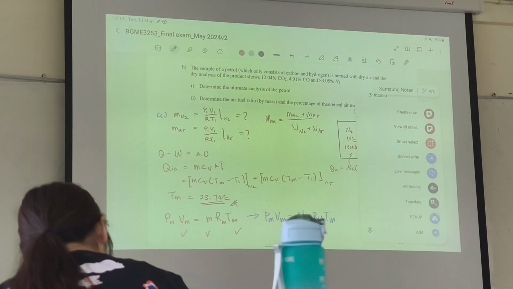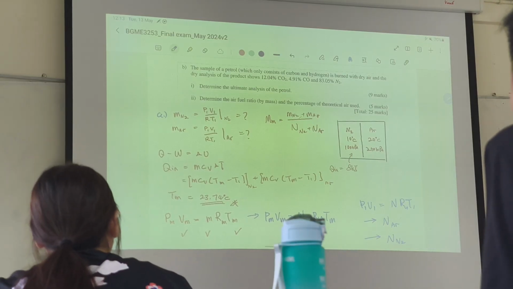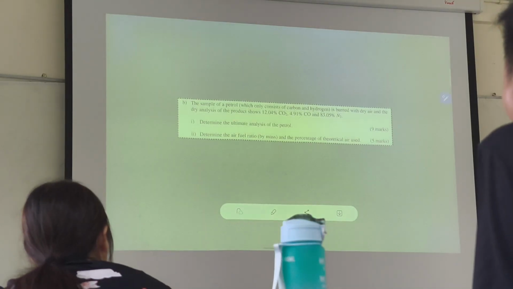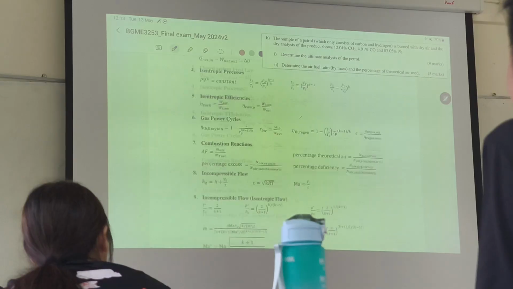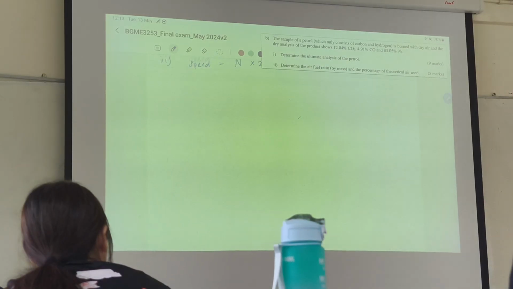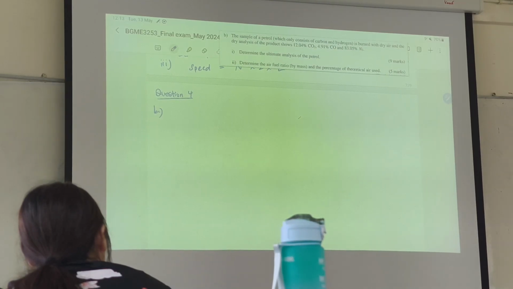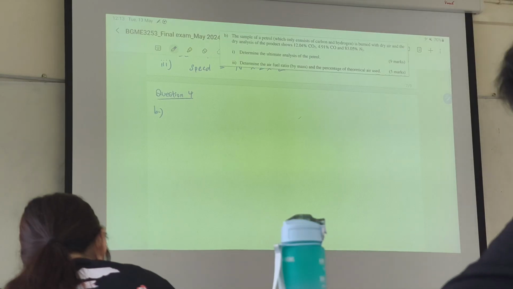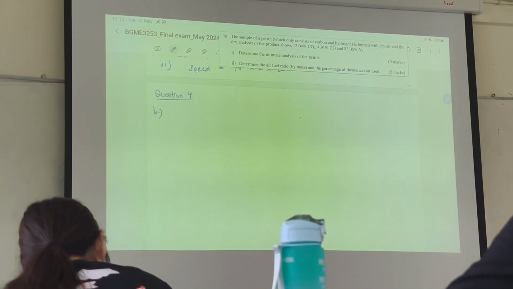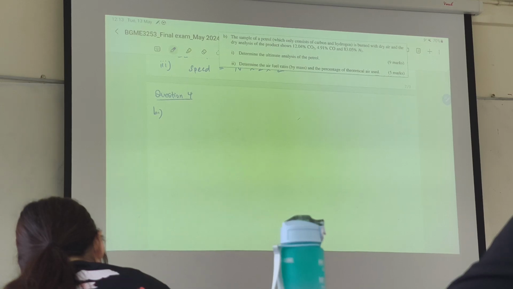Okay, then let's look at the last section. So question 4B. Okay, a sample of petrol which only consists of carbon and hydrogen is burned with dry air and dry analysis. The product shows 12.04% CO2, 4.91% CO, and 83.05% N2.